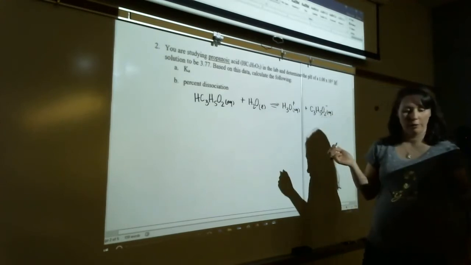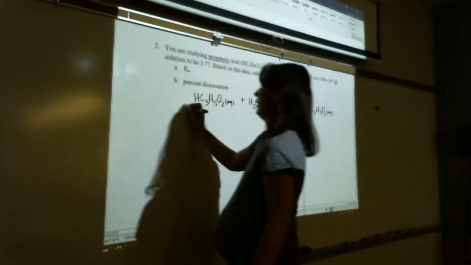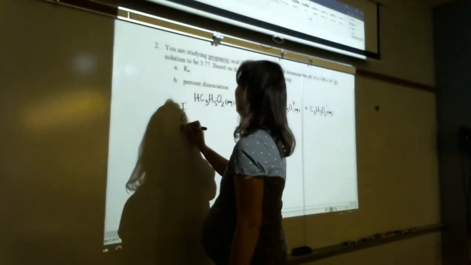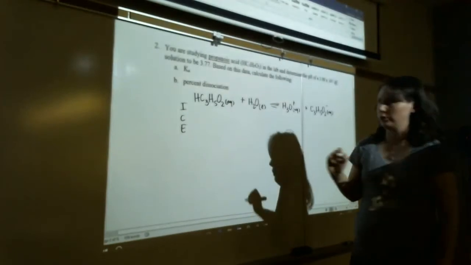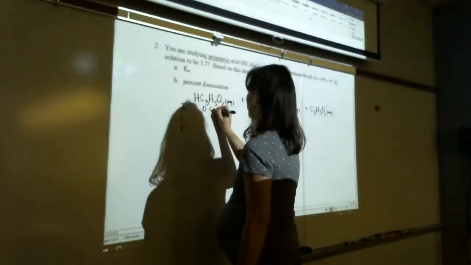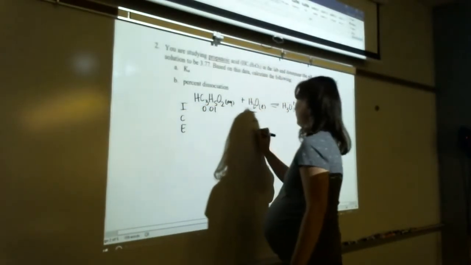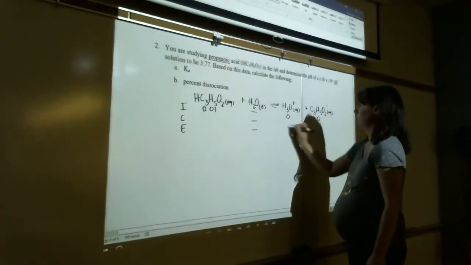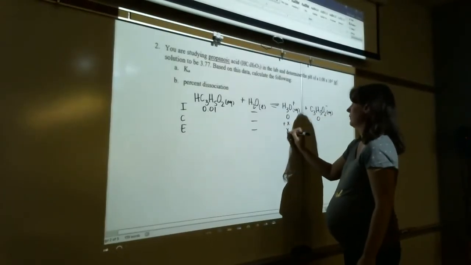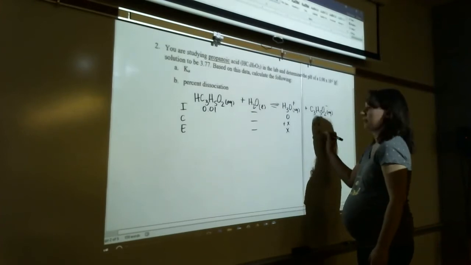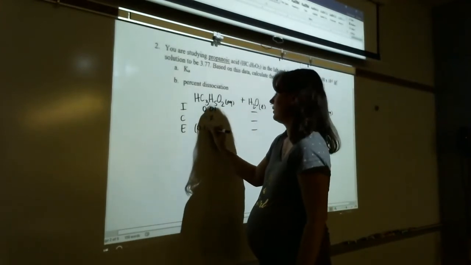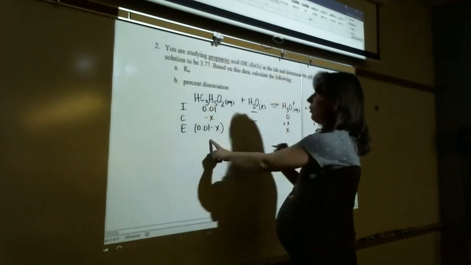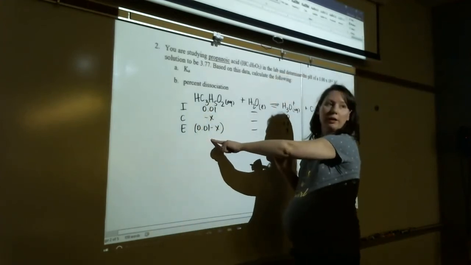Now if I were to make an ICE table for this, this is a 1 times 10 to the negative 2 molar solution, so that's 0.01, who cares, 0, 0, plus x, this is going to be minus x, 0.01 minus x.